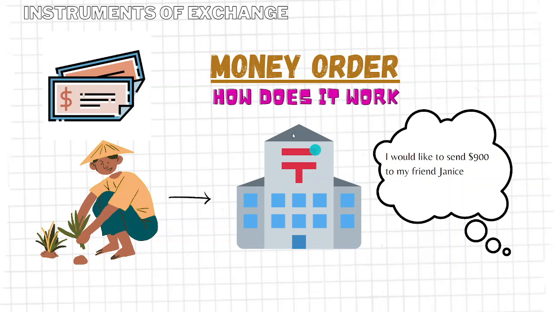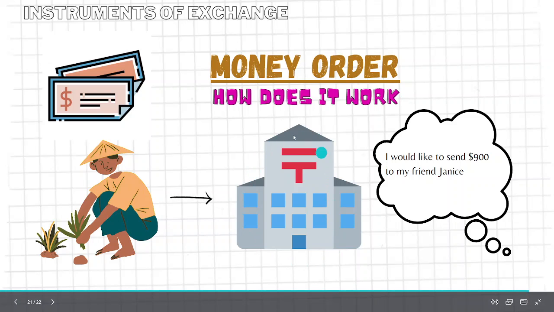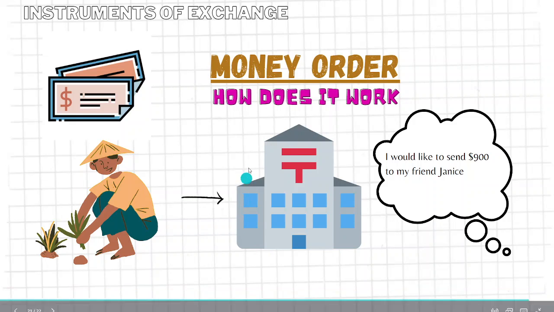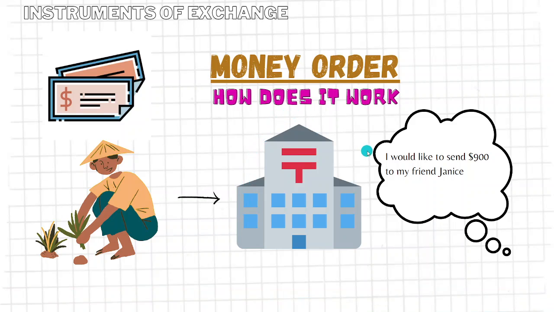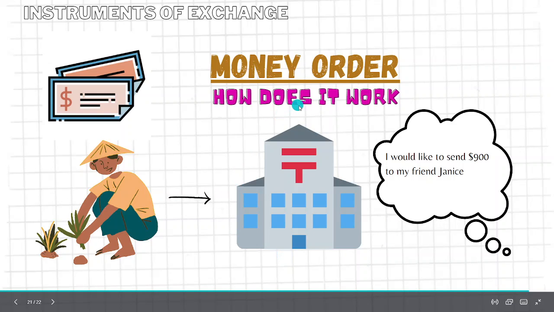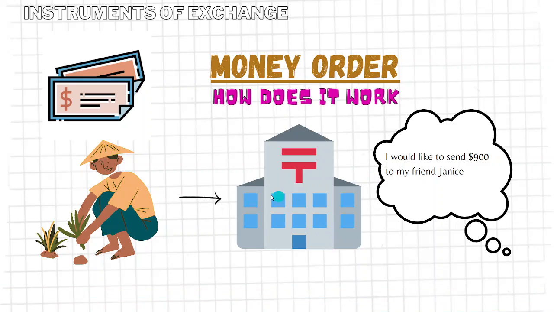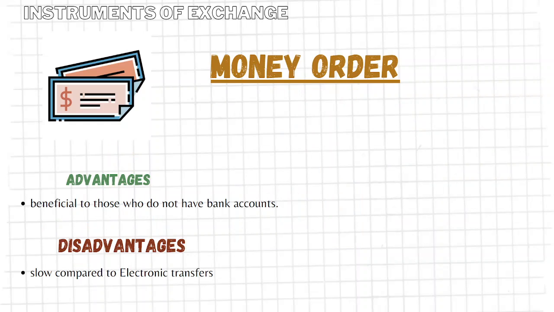The post office would then send that $900 to Janice in the mail, and hopefully it gets there safely. She can go to a bank or the same post office, and they will pay her the $900. So that's a lengthy process, as opposed to an electronic transfer. The advantage is that it is beneficial to those who do not have bank accounts.